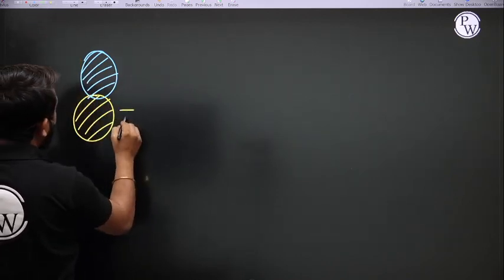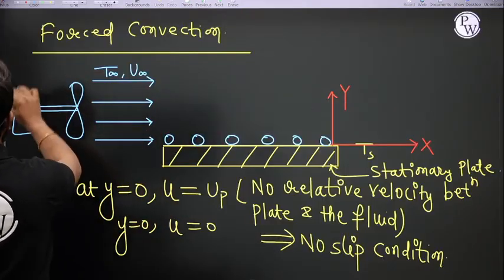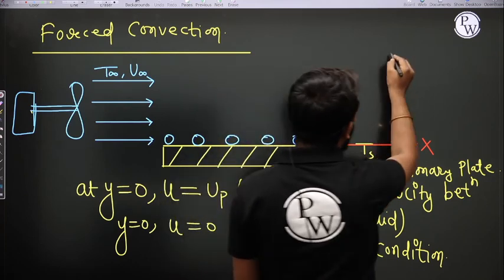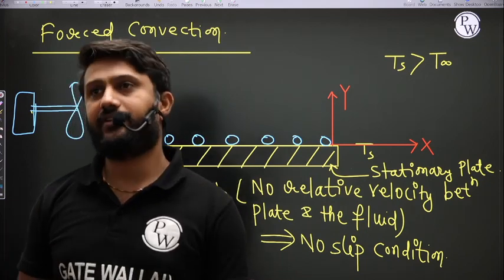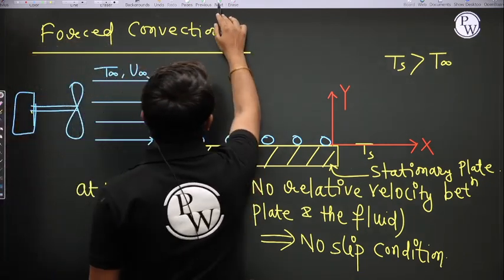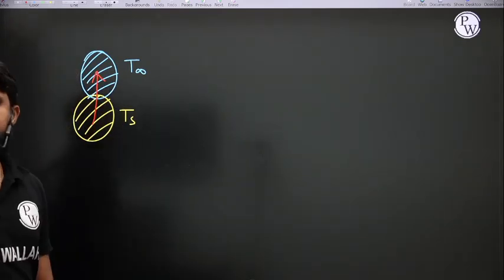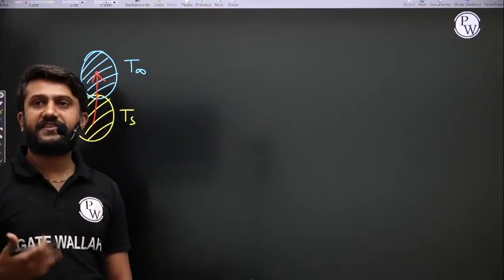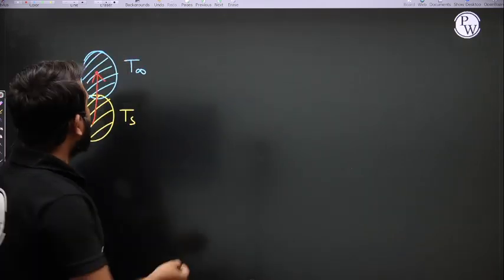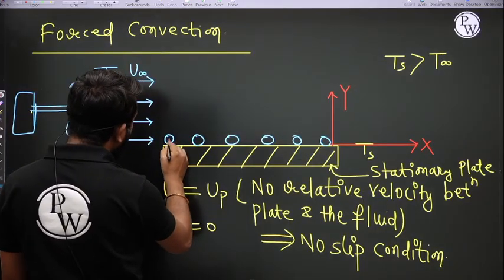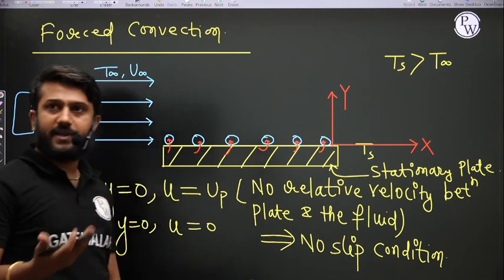This particle has temperature Ts and this particle has temperature T infinity, and I'm already assuming Ts is greater than T infinity. So heat transfer occurs from the plate to the fluid. What is the mode of heat transfer here? The mode of heat transfer is conduction. And due to conduction, these fluid particles are taking the heat energy from the plate.